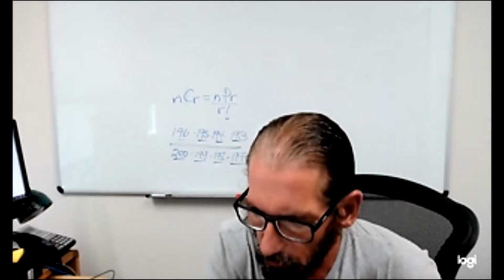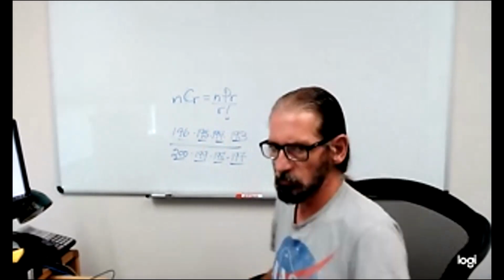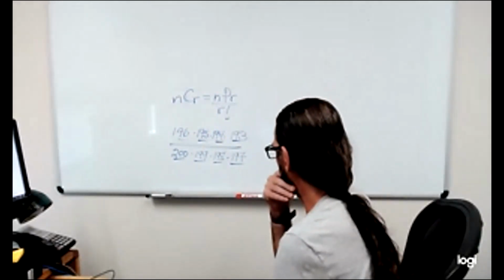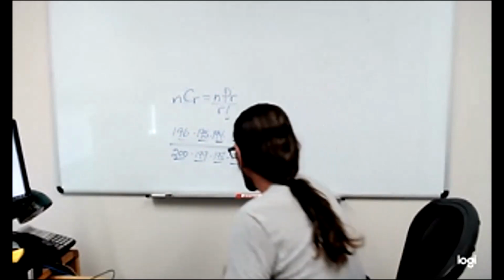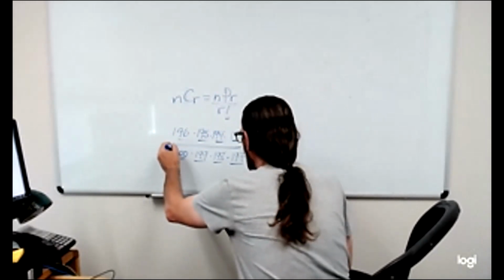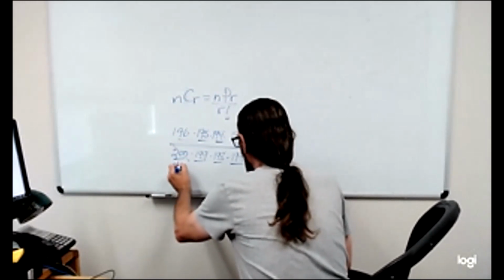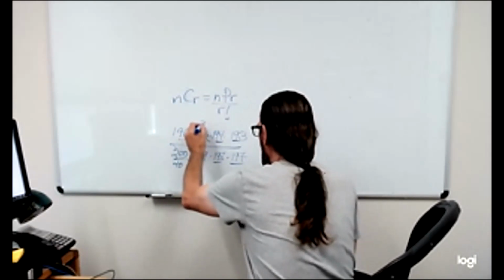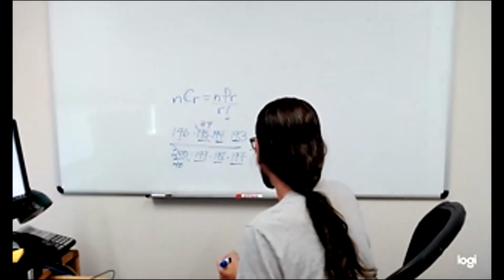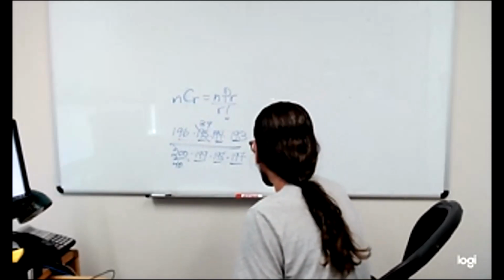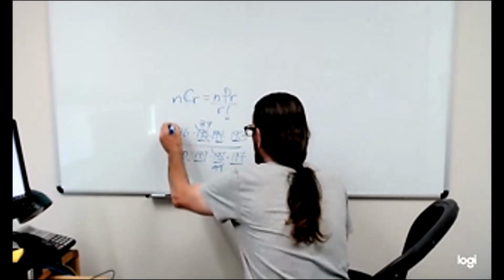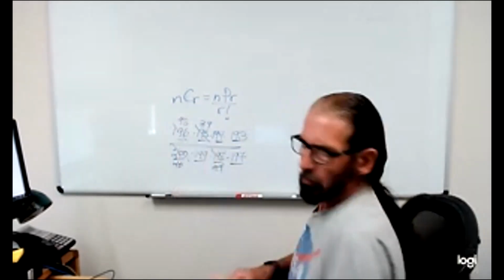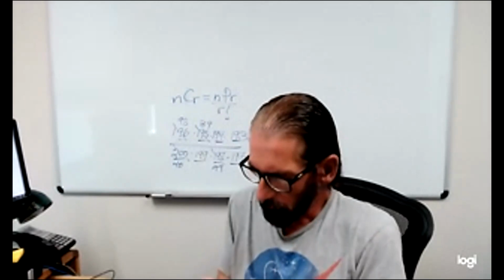Now let's see here. Five is going to go into this 40 times and into 195 39 times. And also I could reduce 196 over 198. Divide both of those by 2. 98 over 99.